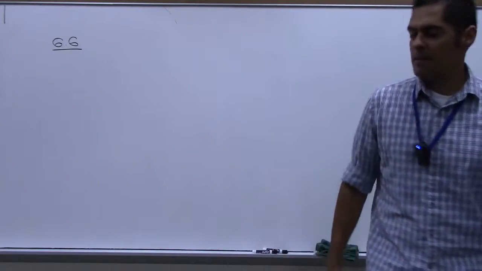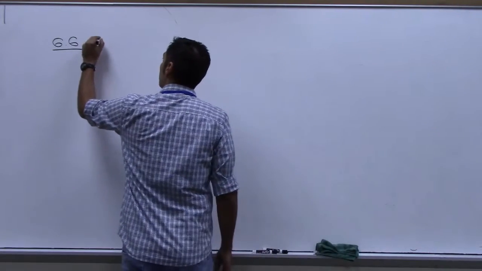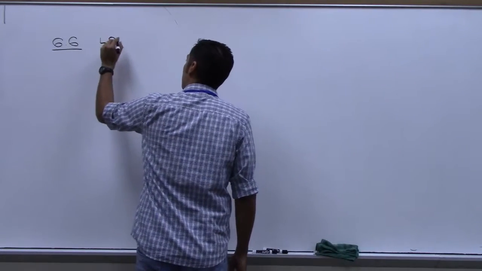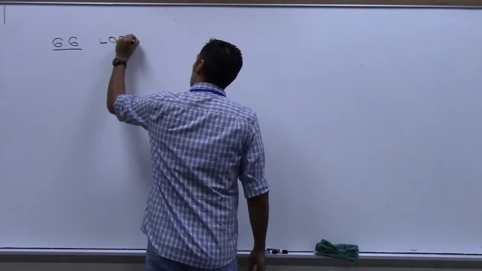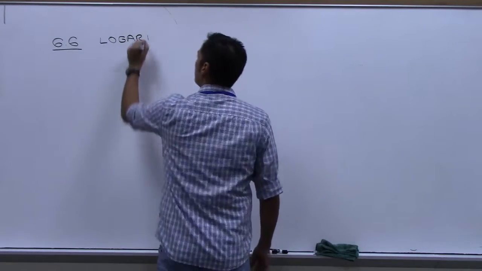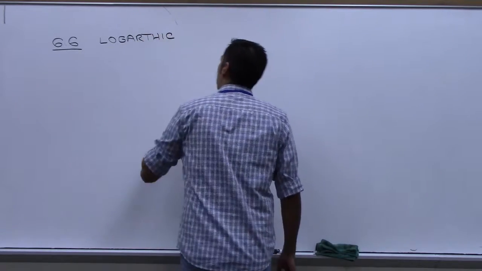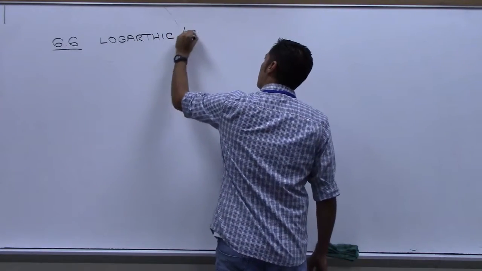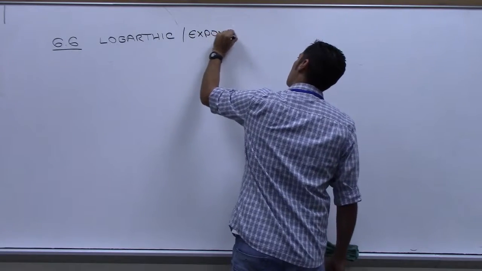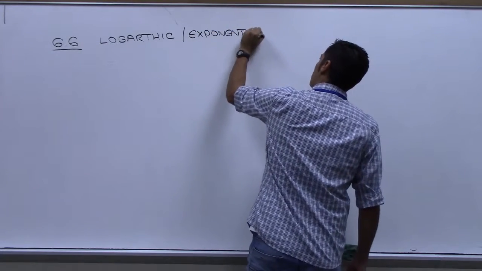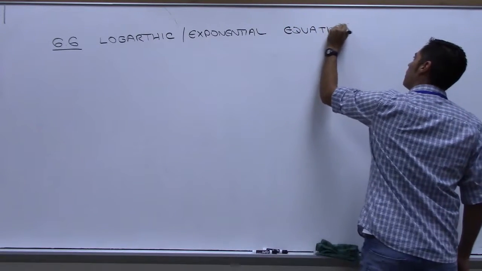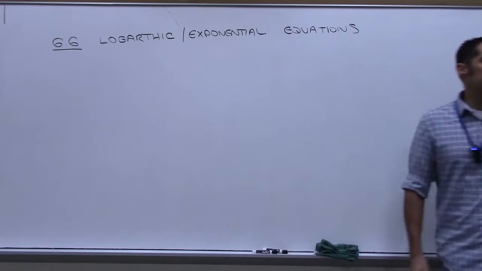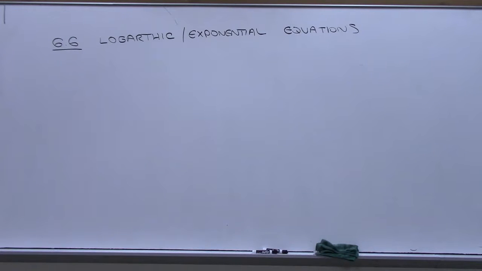So this is kind of one of the main points of why we study logs and exponentials. Not the main point, but is to be able to solve logarithmic and exponential equations. So everything we've done up to this point has led us to be able to look at problems like this, all right?